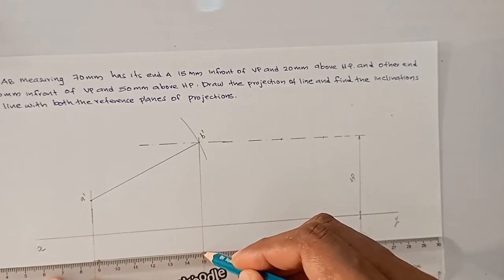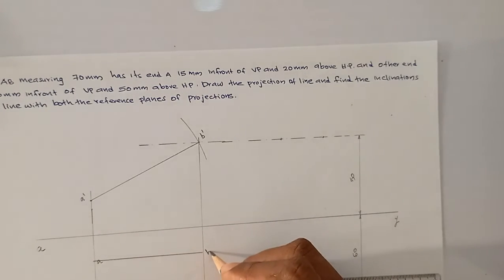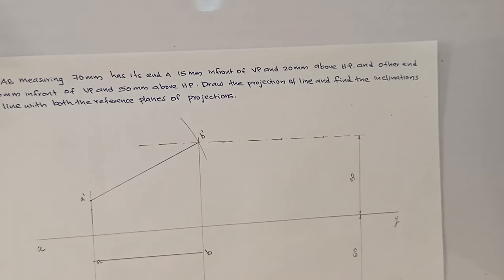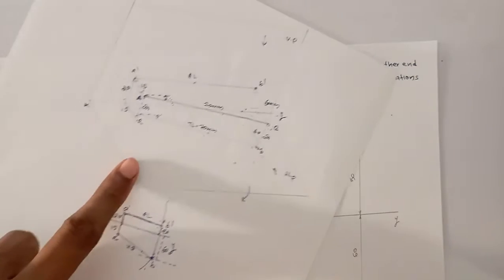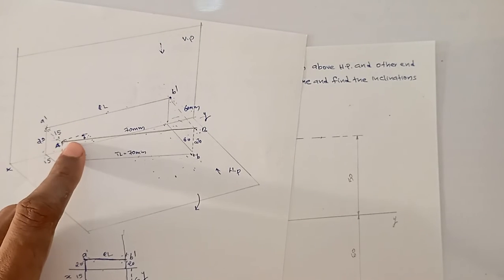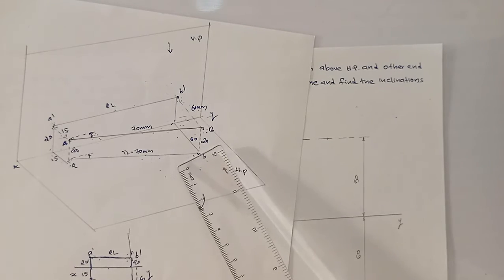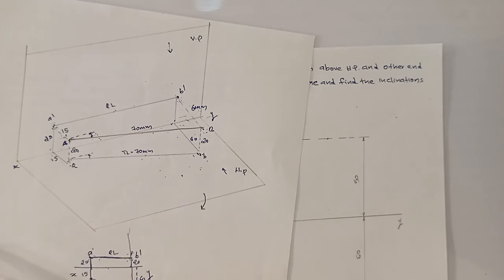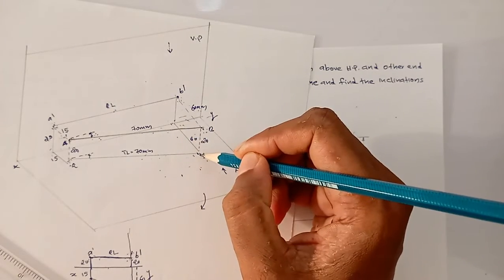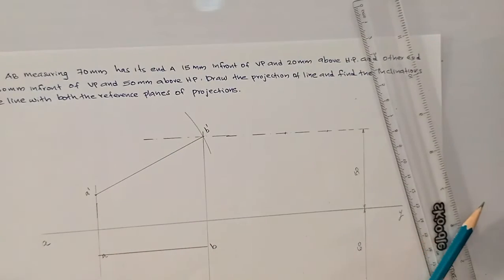This is A, B. Next you have to make the line parallel to HP, keeping the angle with VP constant. So you will get the true length in the top view, 70 mm. The distance from here to here is constant, 60 mm. So again, this is our 70.